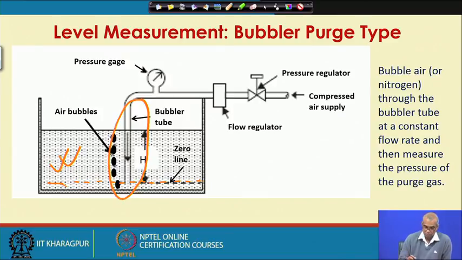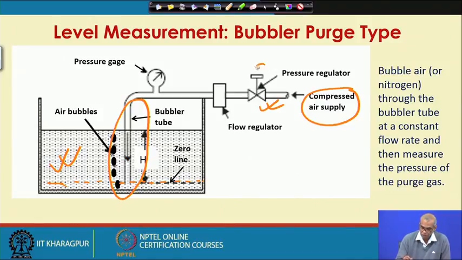Now, the other end of the dip tube is connected to this connection through which I can supply compressed air. So, I can send compressed air through this tube to this bubbler tube.